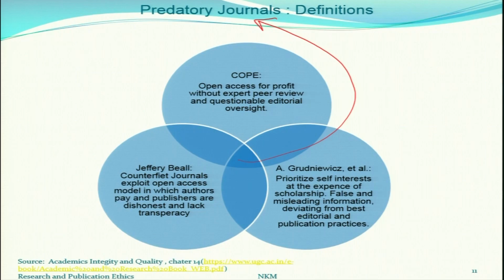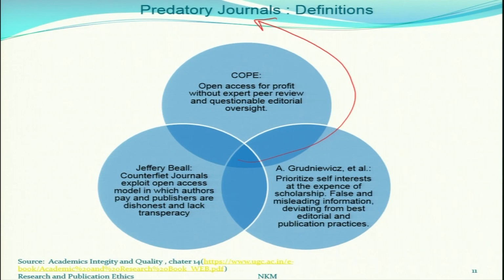Editors are themselves involved in attracting authors and researchers for publications. They send them emails, and then they start charging them. So that's where we have to understand that an incompetent editorial board is involved with these journals.